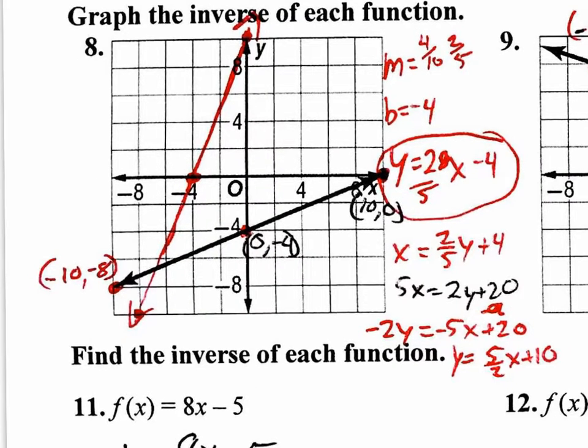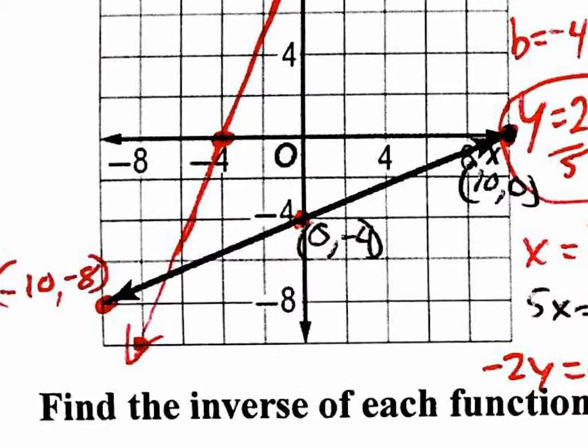So check it out. When I look at the black line right there, this coordinate right here is -10, -8. So if I were to switch -10, -8, it would give me -8, -10. And if I graph -8, -10, I end up at this new dot.